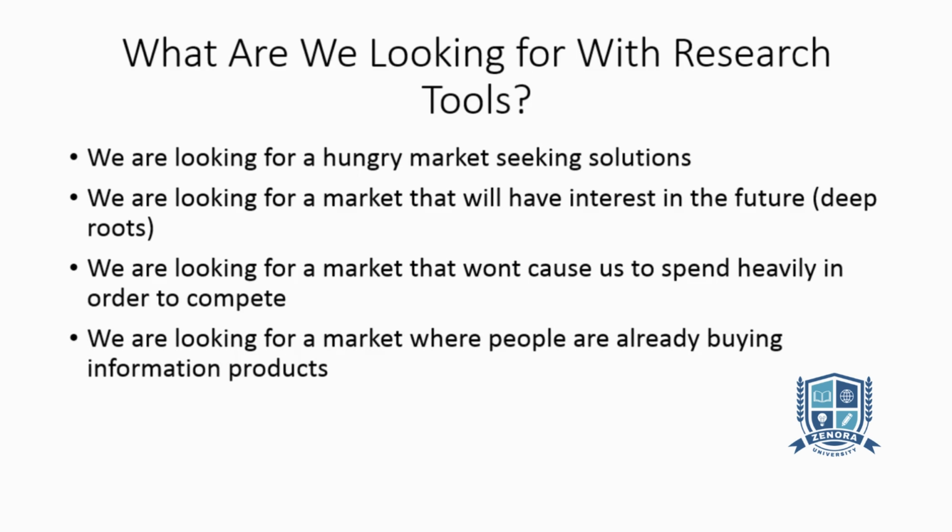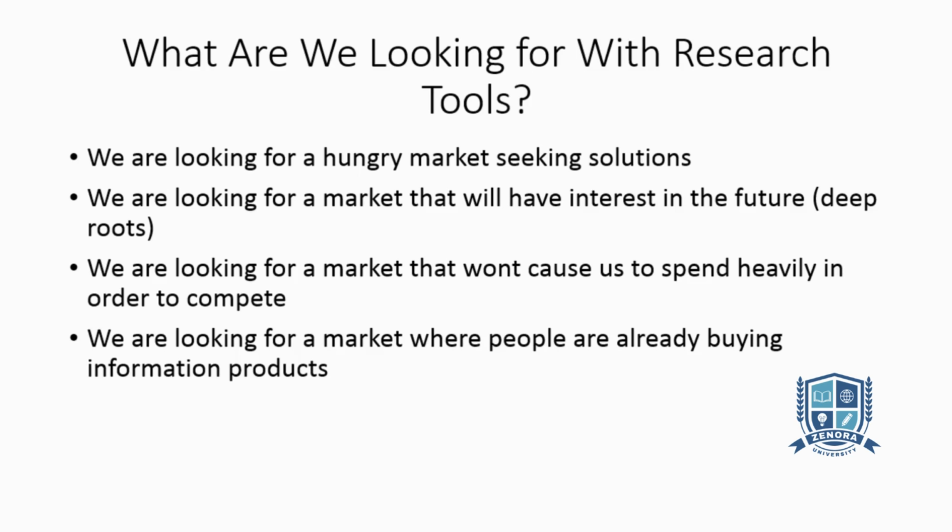We want to find a market where people are already buying information products. We don't want to have to figure out whether or not people are actually going to buy a product or not. We want to find out whether people are going to be interested in our product, but we don't want to have to figure out whether or not people are going to buy information products at all.